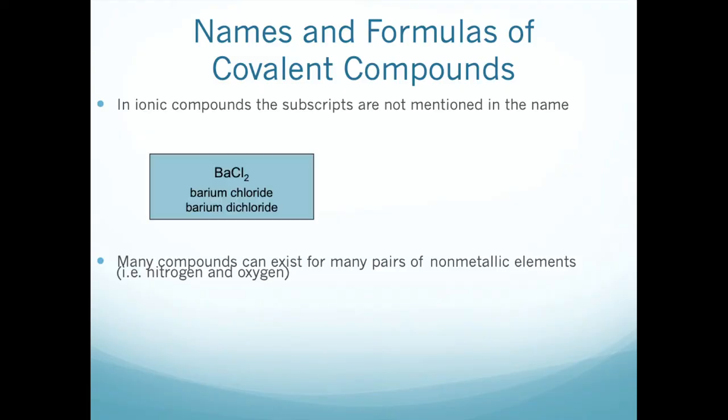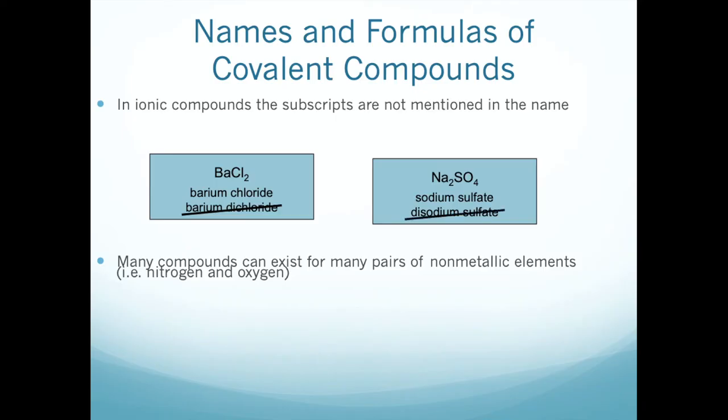Well, again, the key thing to realize is that with our ionic compounds, it's kind of silly to do this, right? And we don't see this because, for example, if we have BaCl2, that is barium chloride, using our ionic name. We don't say barium dichloride because that's kind of silly. The only combination of our barium ion with its 2+ charge and a chloride ion with its -1 charge has to be BaCl2.